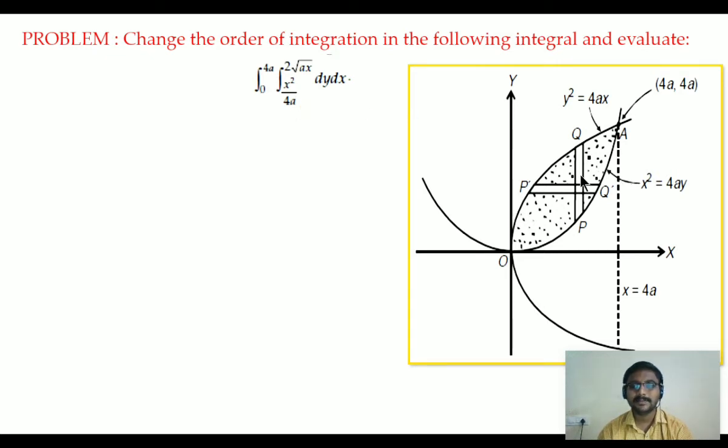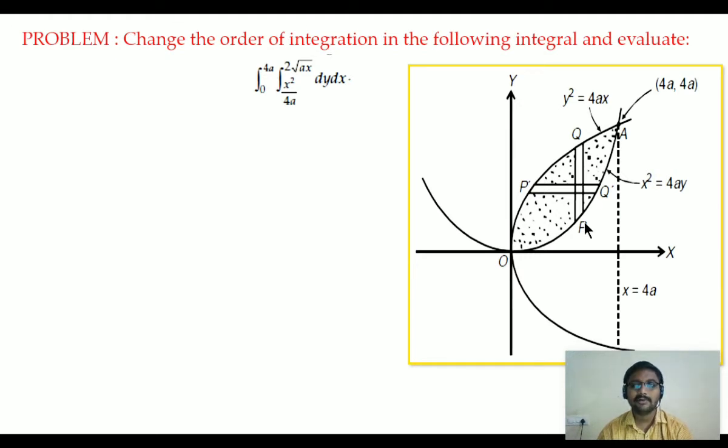And the old strip, that is PQ, is the old strip which lies in this closed region, that is the dotted region. It is the old strip because here y varies as x square by 4a to 2 root ax, that is, the parabola x square equal to 4ay to the parabola y square equal to 4ax.